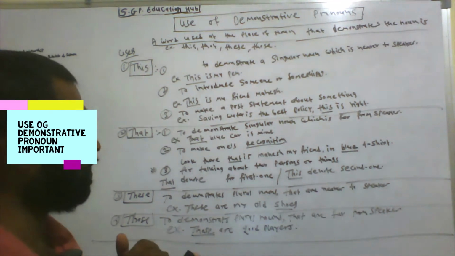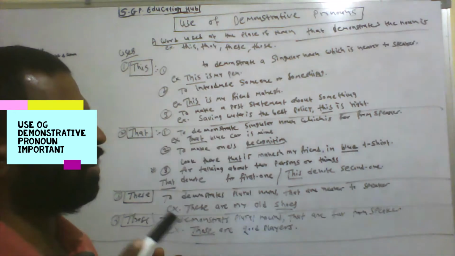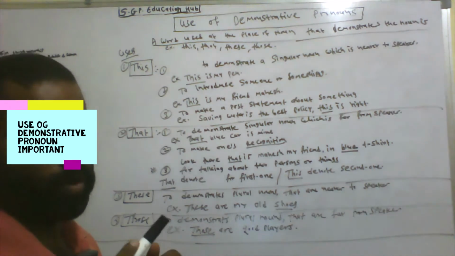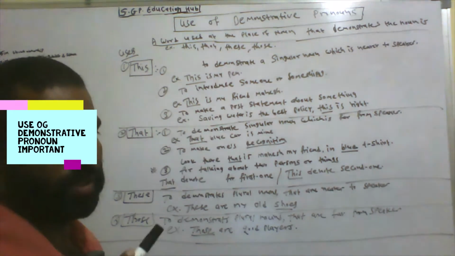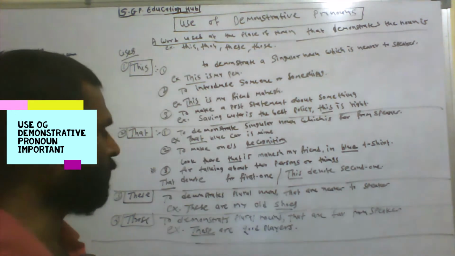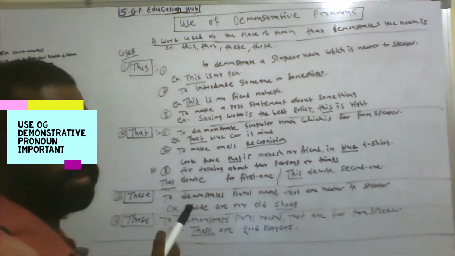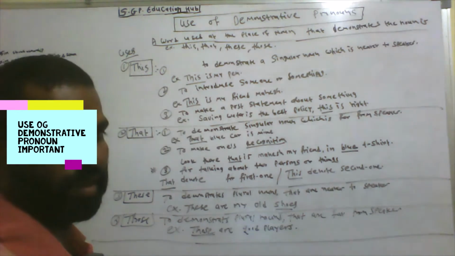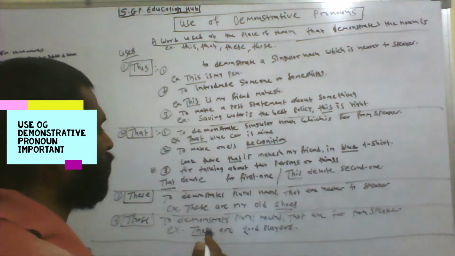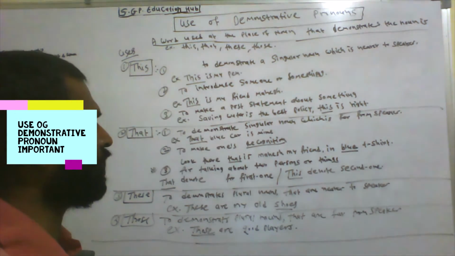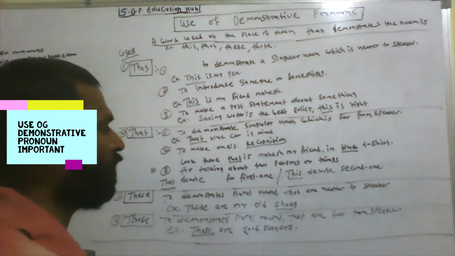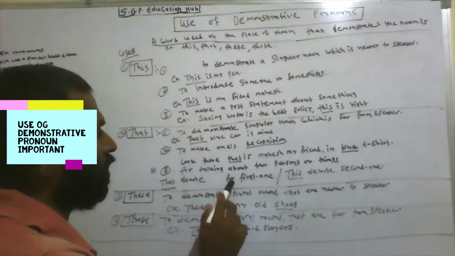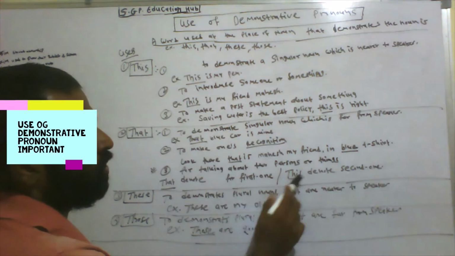Remember, for the first person that, and for the second person this. If there are two persons or things sitting opposite you and you want to mention or recognize them, use that for the first one and this for the second one.